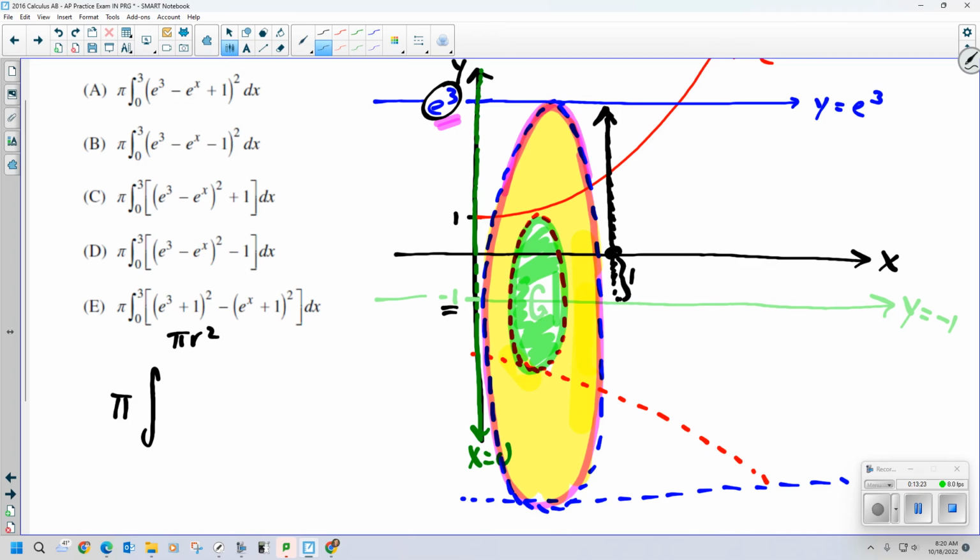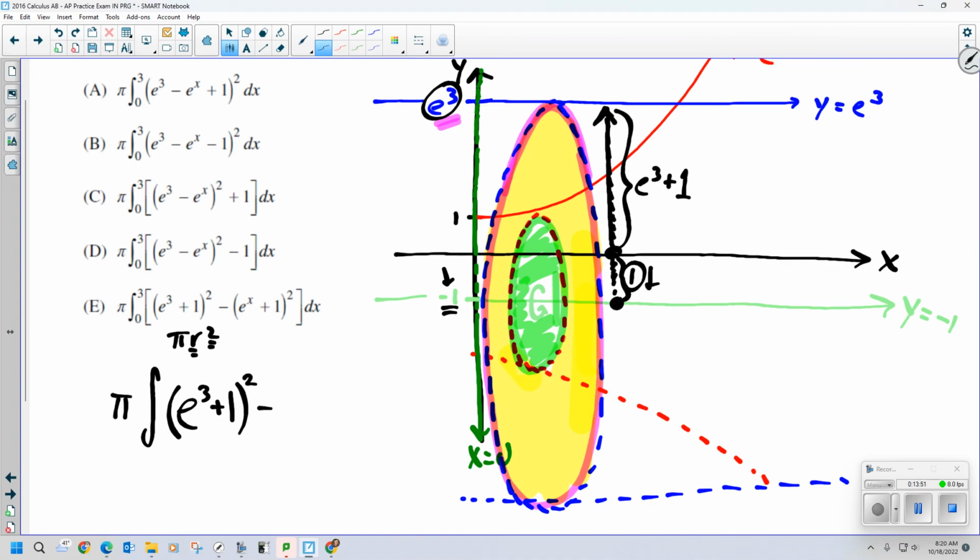Yes, I realize this is -1, but I'm adding; that minus just means directional. It's going down 1. So I'm starting my radius from here. So whatever this is, which is e to the 3, I need to add 1 more to that distance. That's the radius of the bigger, okay, radius is squared, right?